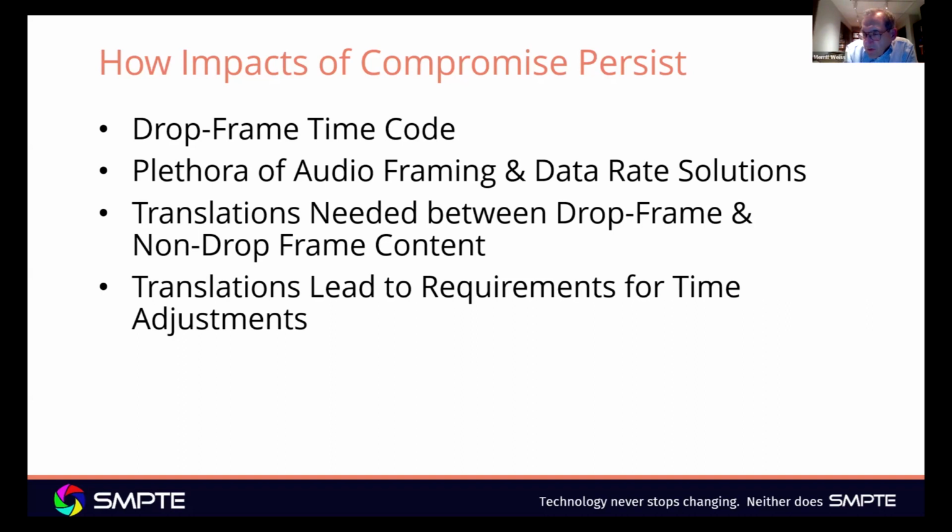We need translations between drop frame and non-drop frame. If we move to non-drop frame, in other words, to integer frame rates, and we want to incorporate content that was recorded in an earlier era, the translations then lead to requirements for time adjustments if you want to take a whole program and run it in a time period that it originally ran in the other flavor of frame rate.